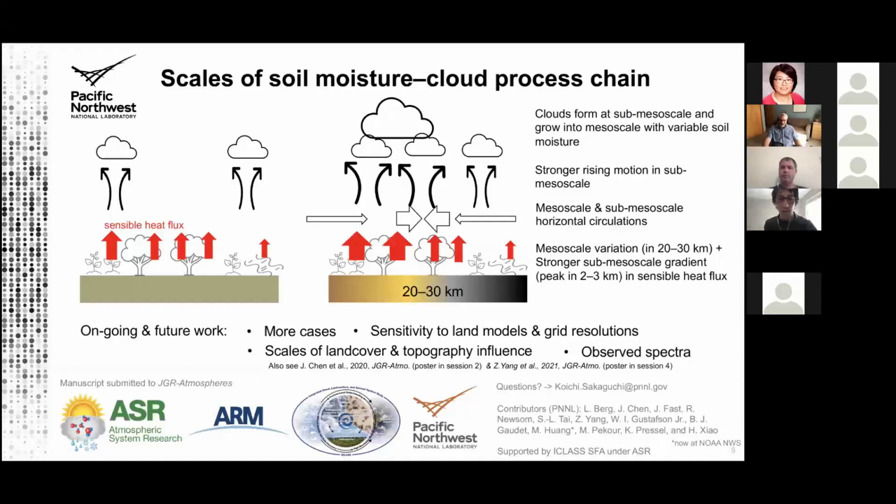Particularly for topography, our colleague Zhao Yan has a paper on how surface and subsurface runoff with topography can change the sensible and latent heat flux distribution, which can change the gradient and affect the circulations we are looking at. So that's one of our future works. And I'm interested in using observations from the G1 aircraft during HI-SCALE and some other sensitivity tests. And that's all I have.